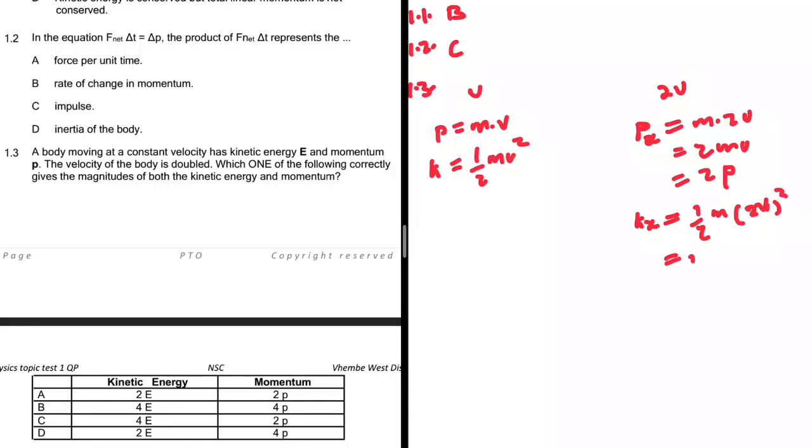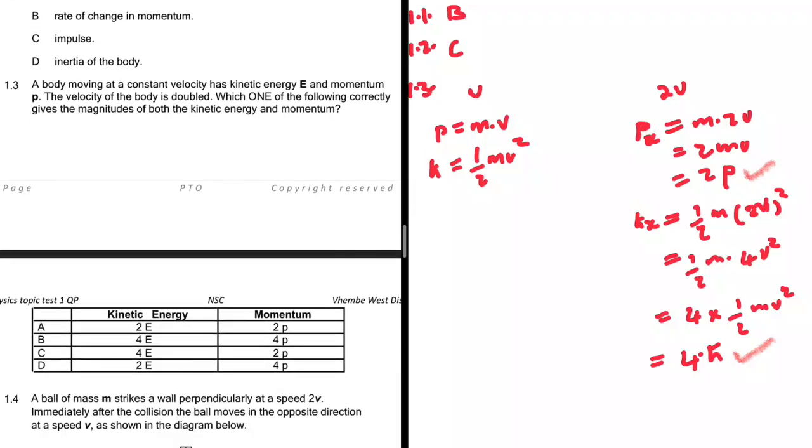This is equal to a half m multiplied by 4v squared, which is 4 multiplied by a half mv squared. We know fully well that a half mv squared is just k. So kx, the new kinetic energy, is 4 times the initial, and the momentum is 2 times the initial.